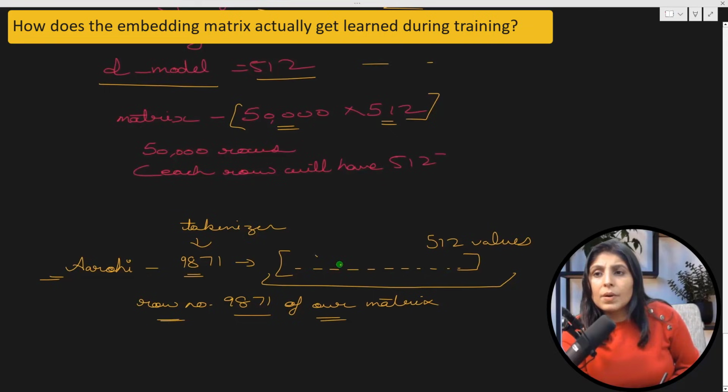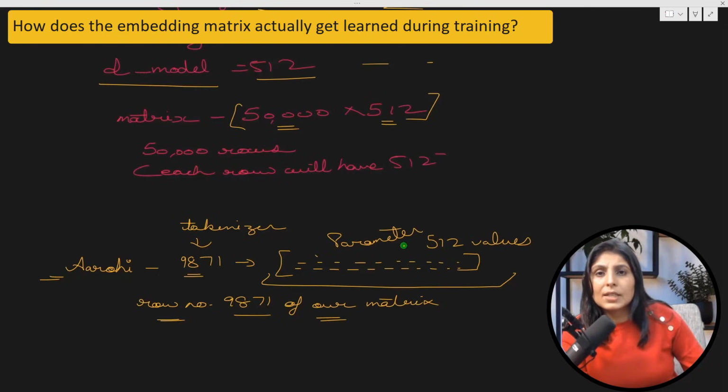Each number in that row is a parameter. Parameter means each number in the row which represents a single token.